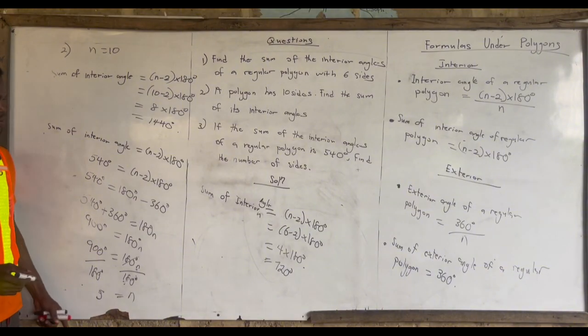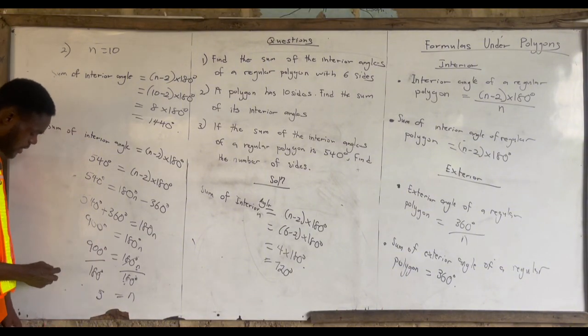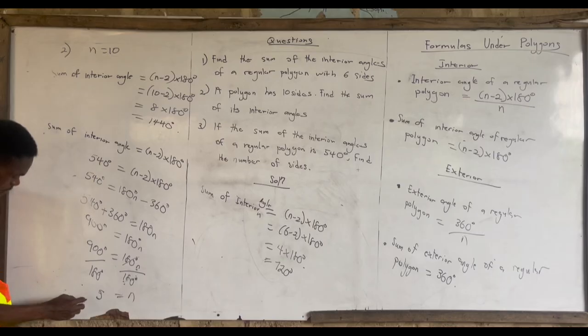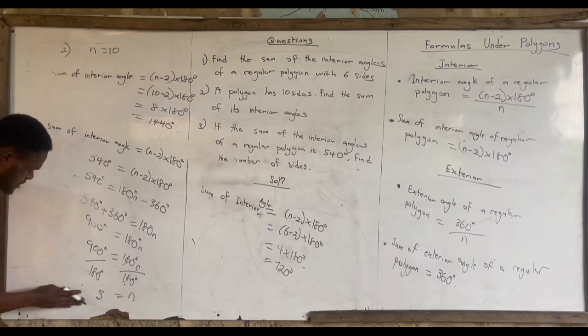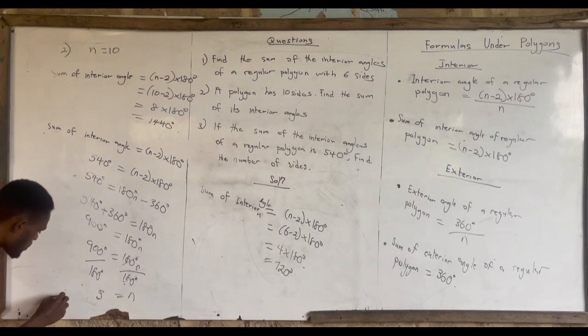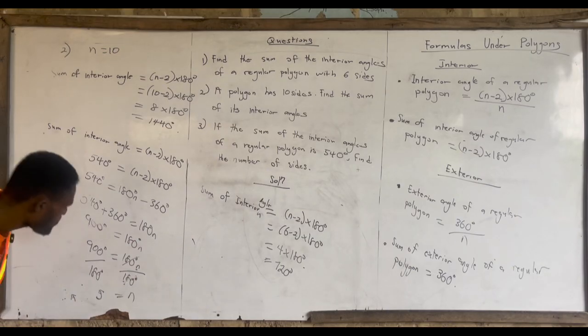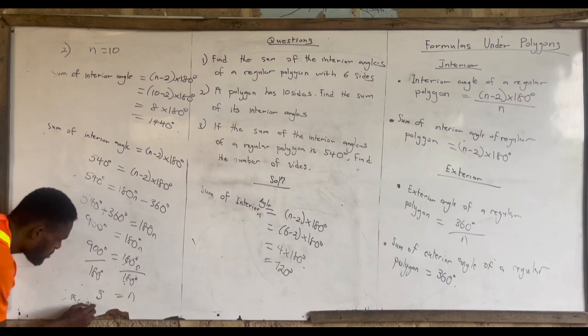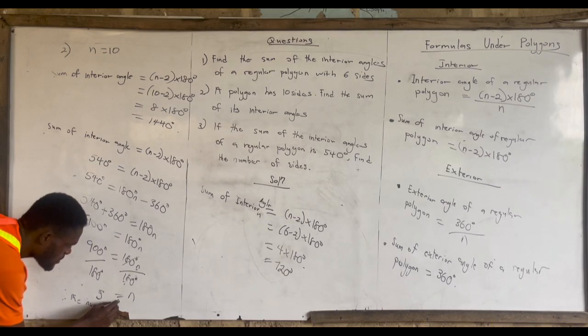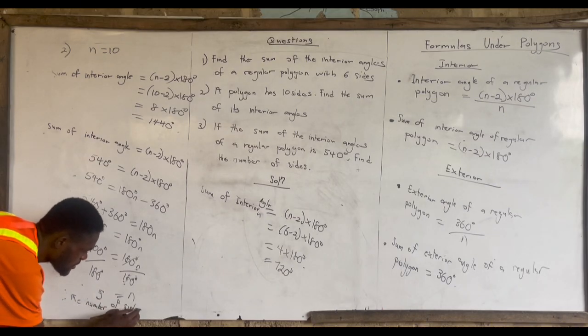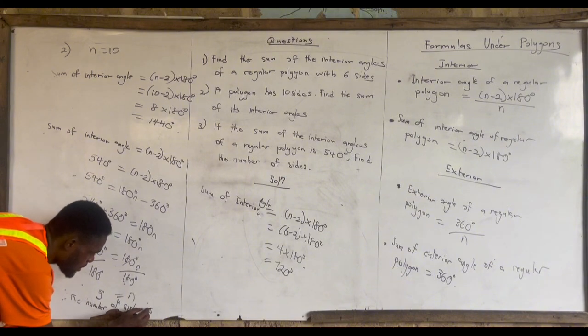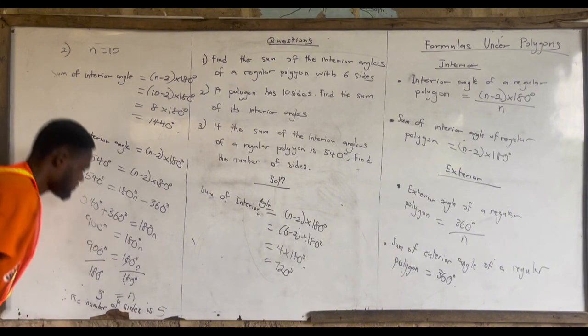So we can conclude that therefore, the number of sides n is 5.